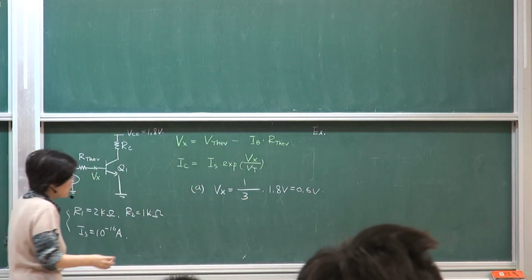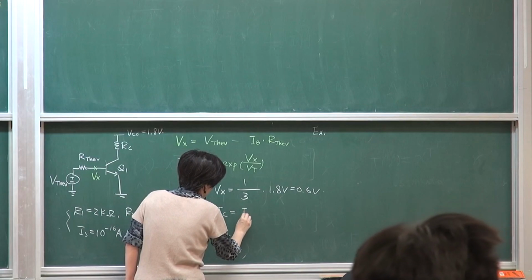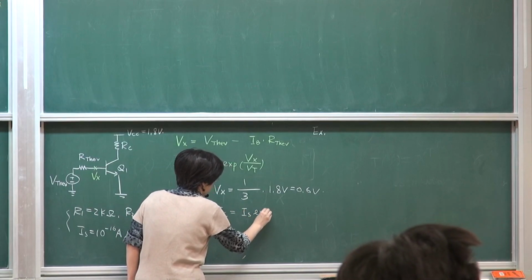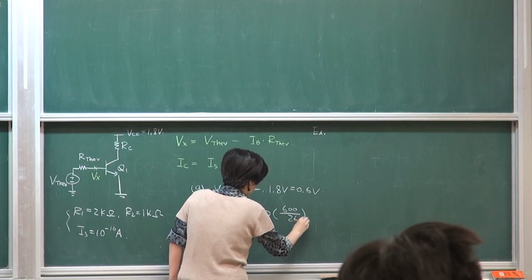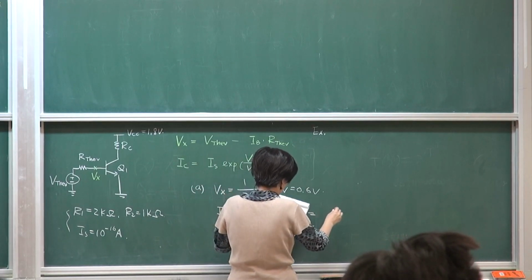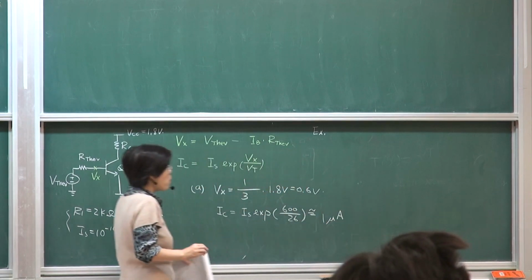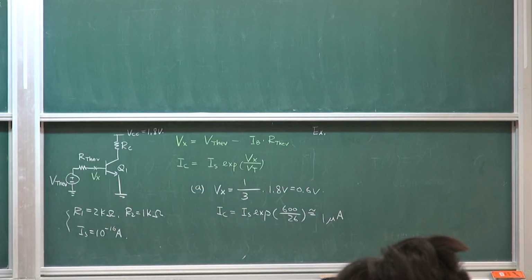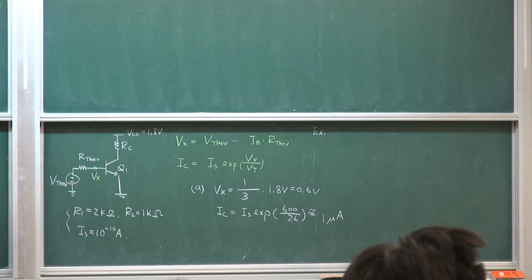And then I can actually calculate the collector current. The collector current will be IS exponential of 0.6 over 0.026. And this will approximately give me about 1 microamp. The current level is very low because my VB is very low.